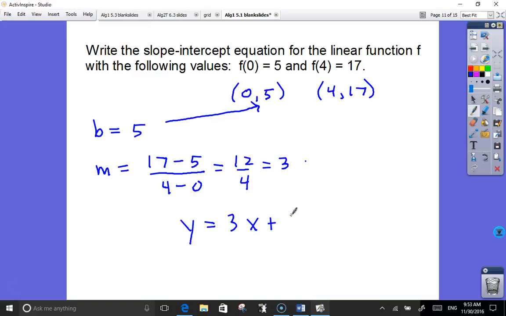The slope goes here, the b goes there. The main point of these slides is that when it gives you the function notation, you turn them into points and then do what we just did. So here's your chance to show that.